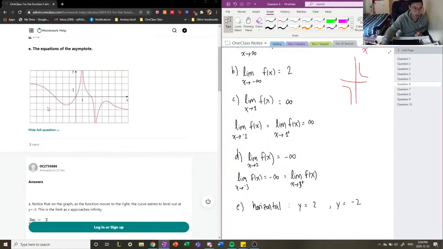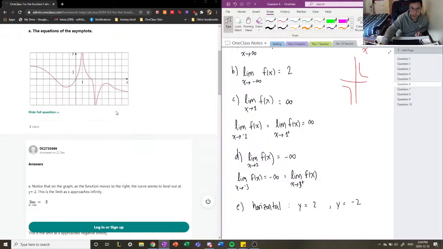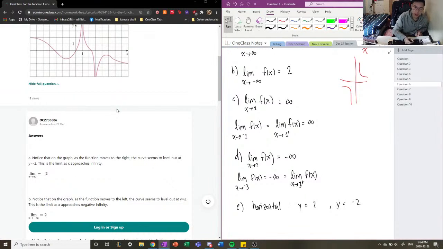If we were to draw a horizontal line parallel to the x-axis from -2 and 2, we can see that the end behaviors of these functions never touch y equals 2 or y equals -2. At some point, the function does equal 2 or -2, but horizontal asymptotes relate to the end behaviors of these functions.